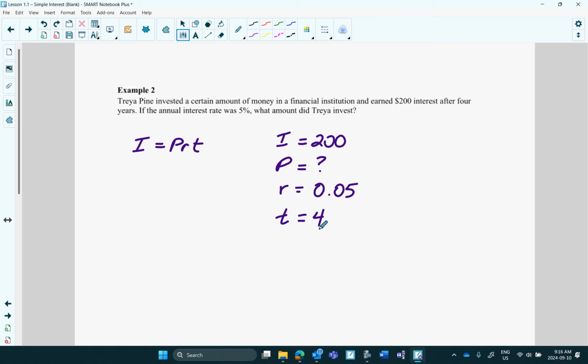So plug those amounts in and then divide to find the principal. So $200 is going to be my missing principal times the interest rate as a decimal, 0.05, times the amount of time she invests for.